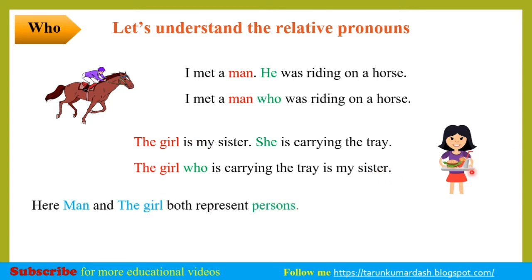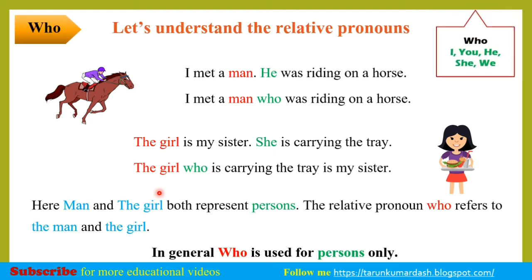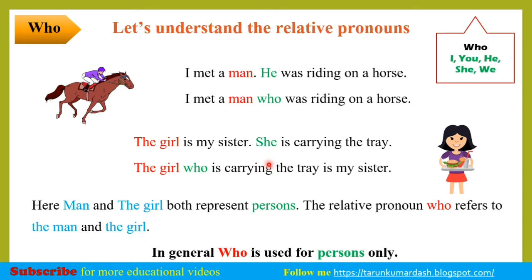Here man and the girl both represent persons. The relative pronoun who refers to the man and the girl. So we can find, my dear friends, in general, who is used for persons only. So when should you use who?